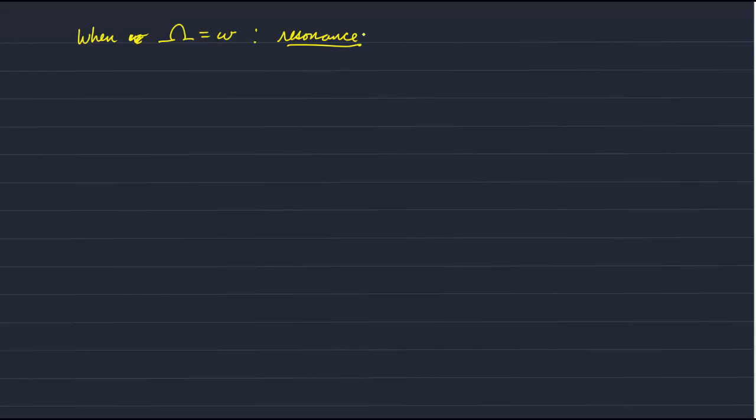So remember, when we had our tentative solution for the non-homogeneous part, we had C cosine capital omega t, and remember, this is now equal to little omega t.